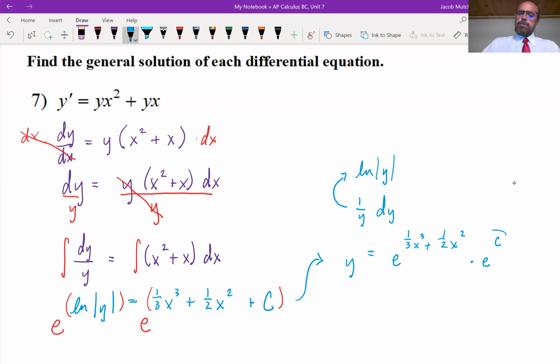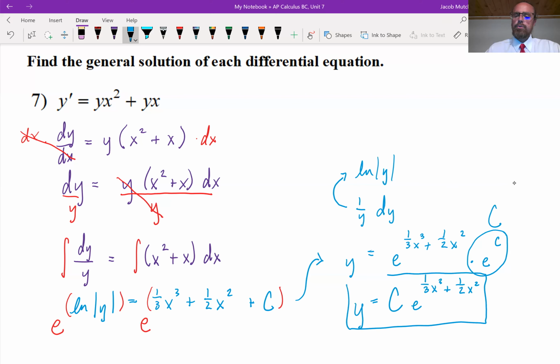That allows me to bundle e to the power of c. If you recall, e is just a constant, 2.71, so forth. If I raise that constant to a constant, that's just a new constant. So my final answer here is going to be y equals c as a coefficient, e to the power of 1/3 x cubed plus 1/2 x squared. And that completes my solution.